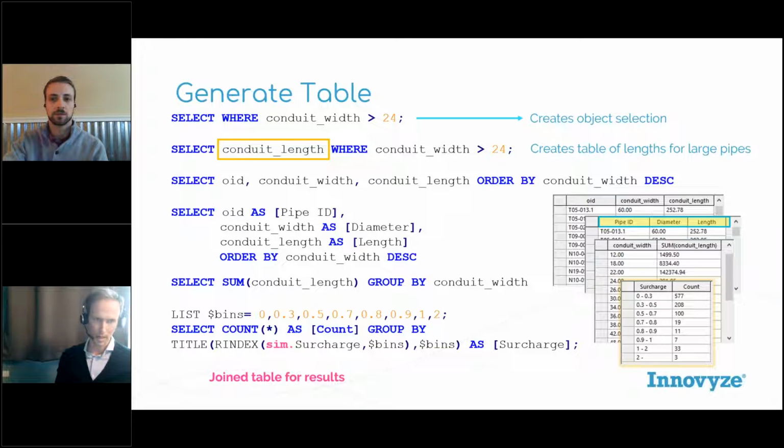Within all of the InfoWorks databases, the nice thing is that these tables are already pre-joined for you. So if you have results, you can then just query those, the flow, the velocity on those pipe diameter, with your actual pipe data. And so there's joined tables, and this is really common, especially with asset data. So Tim is going to show some examples from InfoAsset Manager where you could interact with these joined tables.